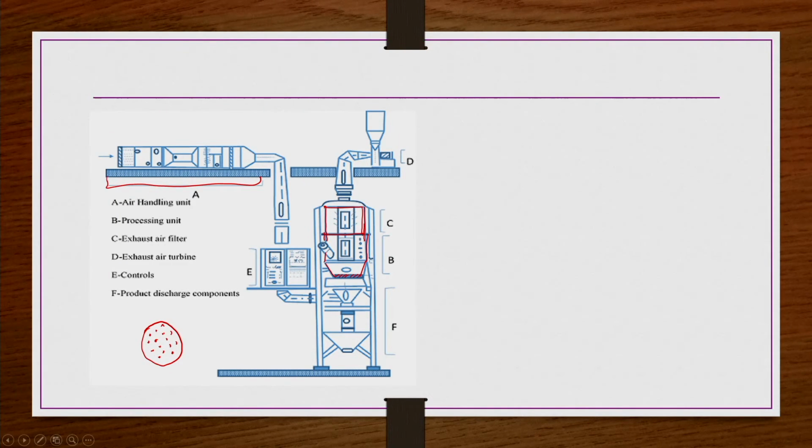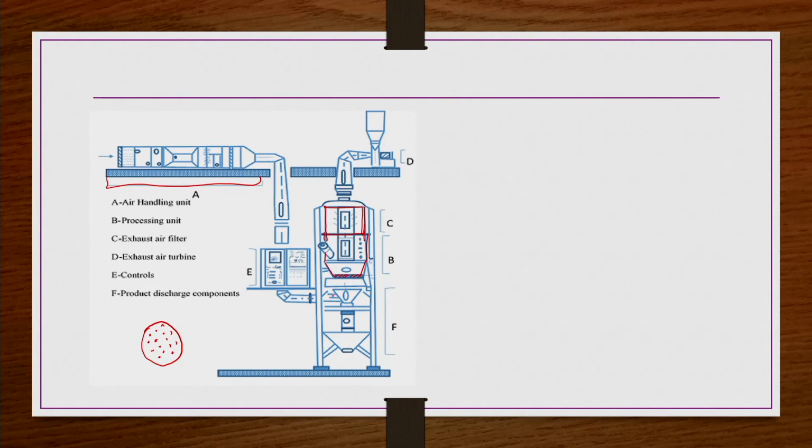And then the size of the holes depends on the size of the particles that you are handling. They should be much smaller than the size of the fine particles we are using. Otherwise, the particles may come down through these holes if the fluidizing air velocity or fluidizing medium velocity is not sufficient. So that is the reason it should have very small openings, smaller than the fine particles being handled.